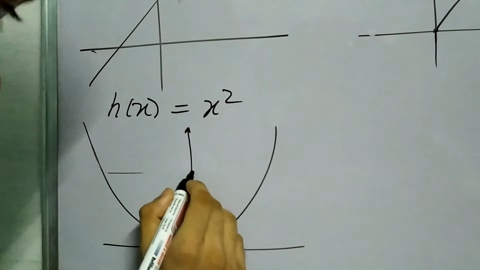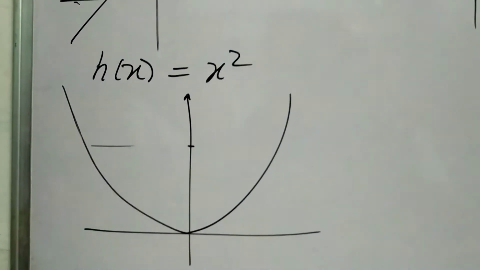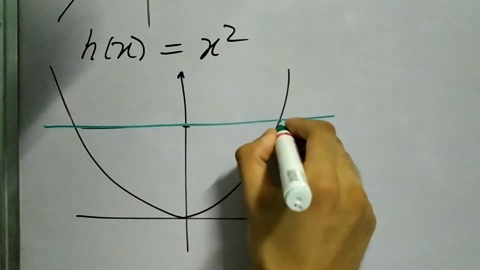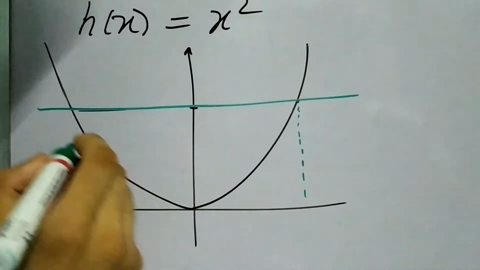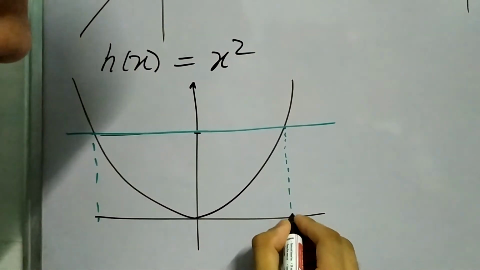So for one value of y, this value, you extend this and drop perpendiculars, you get two values of x.